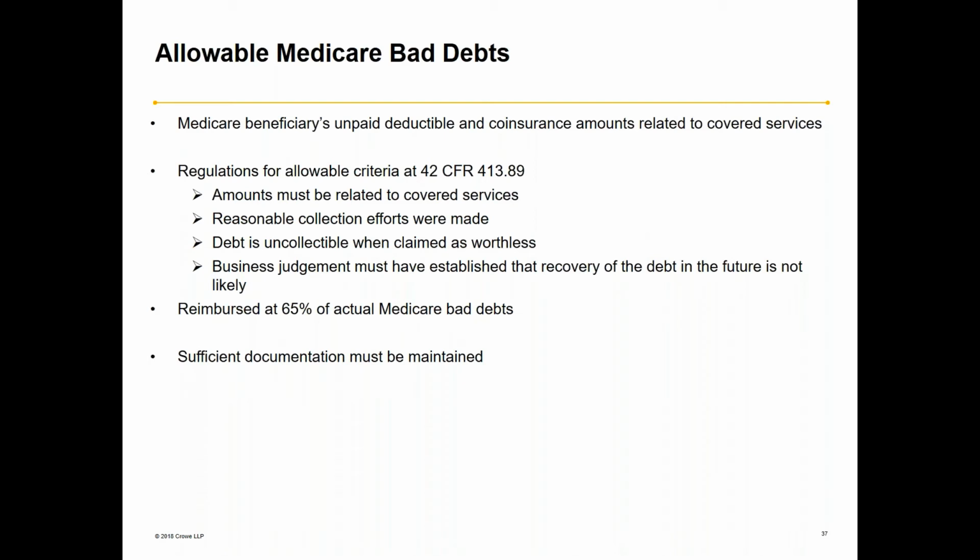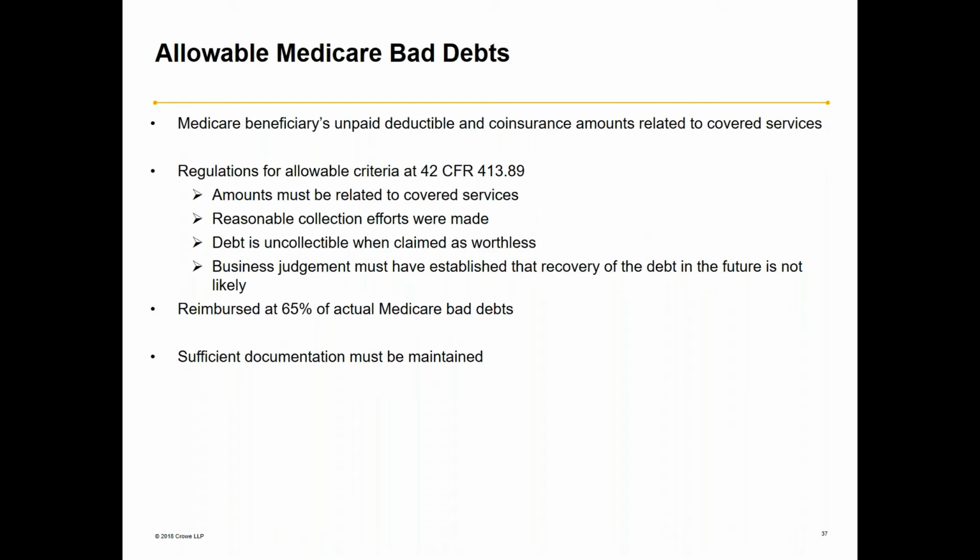So for your Medicare bad debts that you've identified and that you're reporting on the Medicare cost report, you will get 65% of that amount. That 65% has been a percentage that has gone up and down over the years.